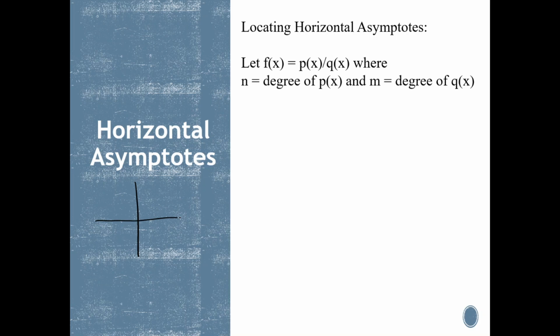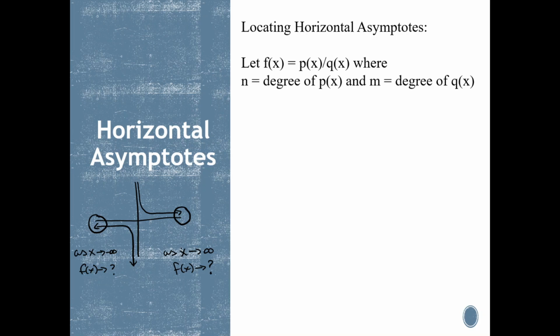Again, if we look at that basic function, what I'm talking about with my horizontal asymptotes is what the function is doing as x goes to infinity, or as x goes to negative infinity on the left.